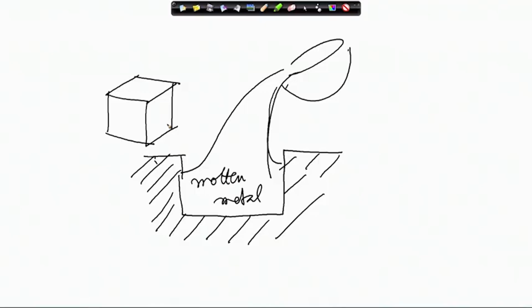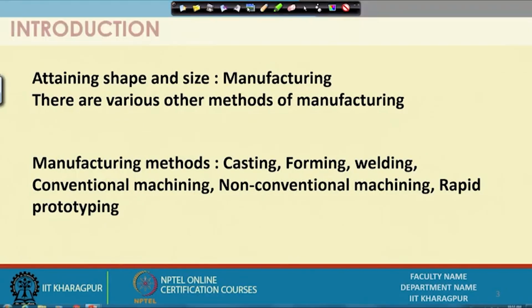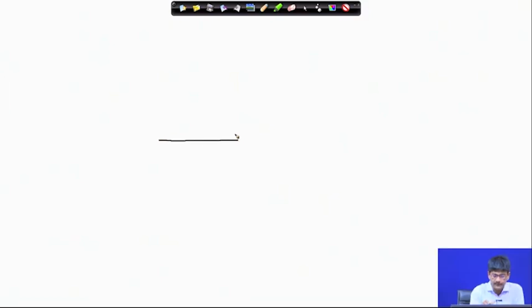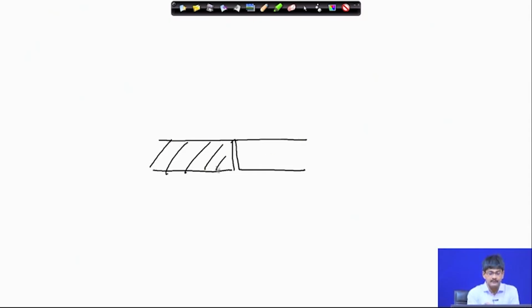Second, let me quickly go to another page. So, here welding, what are we doing? We are fabricating, connecting up these two pieces that need to be joined. Welding is a joining process, we can build up shapes with that.